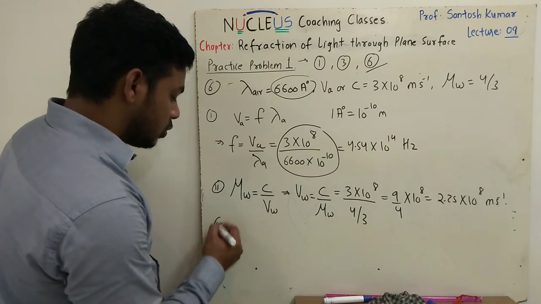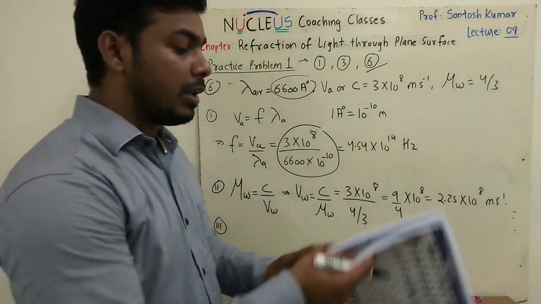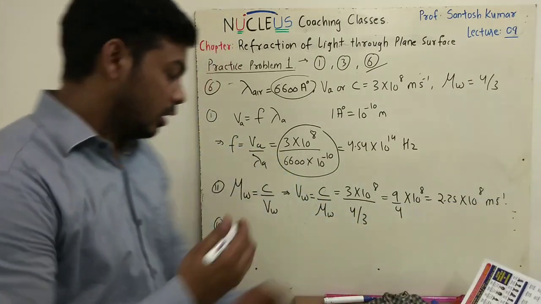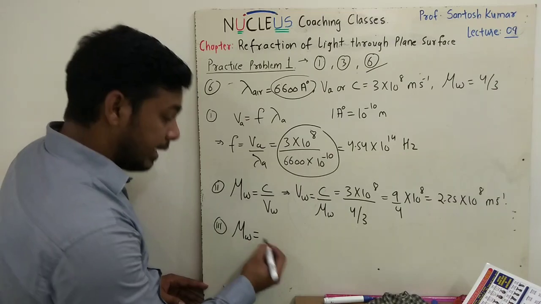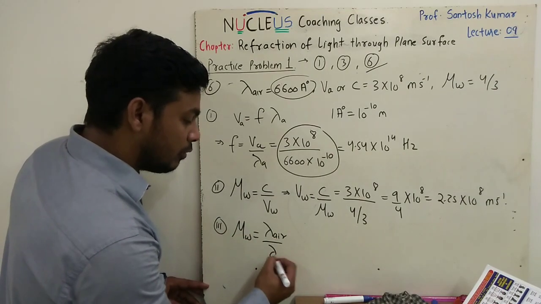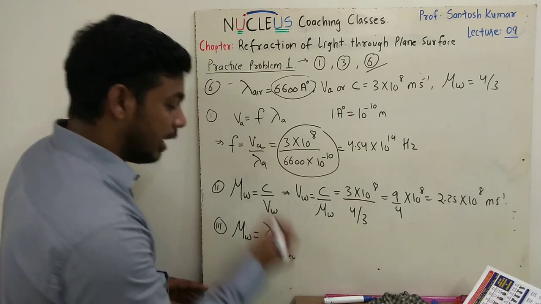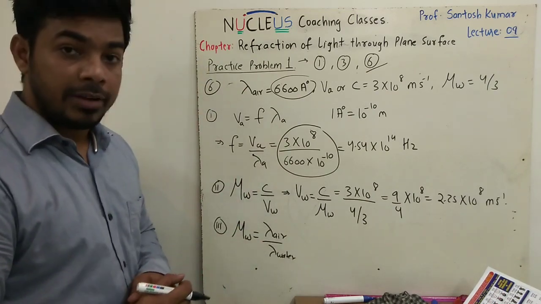And now the third part, where we have to calculate the wavelength of light in water. So using the formula, the refractive index of water can also be written as the wavelength of light in air upon the wavelength of light in water. I have explained it in the topic of relative refractive index.